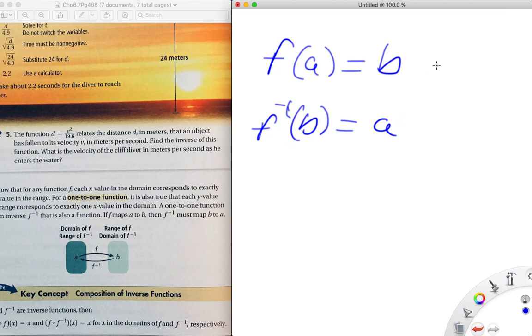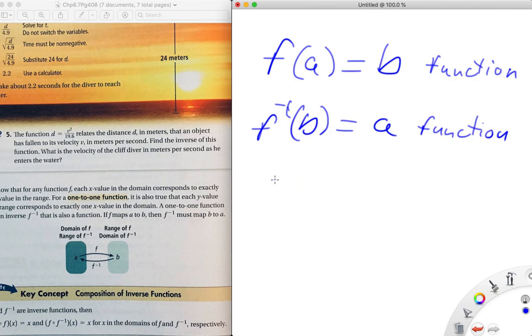If this is a function, and if this is a function, then they're one-to-one. Right?